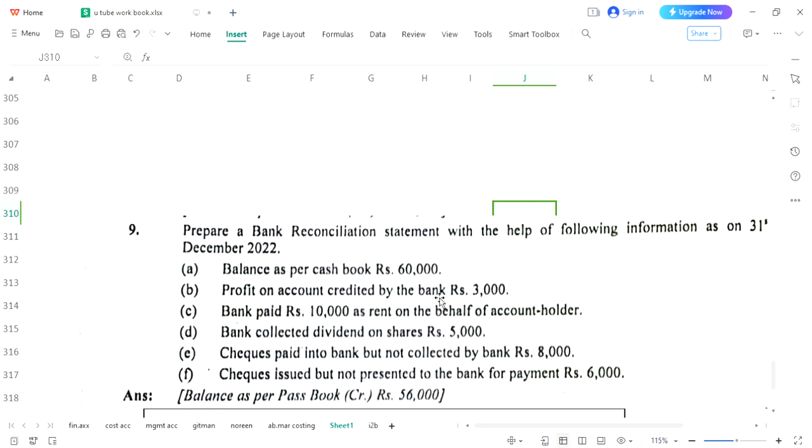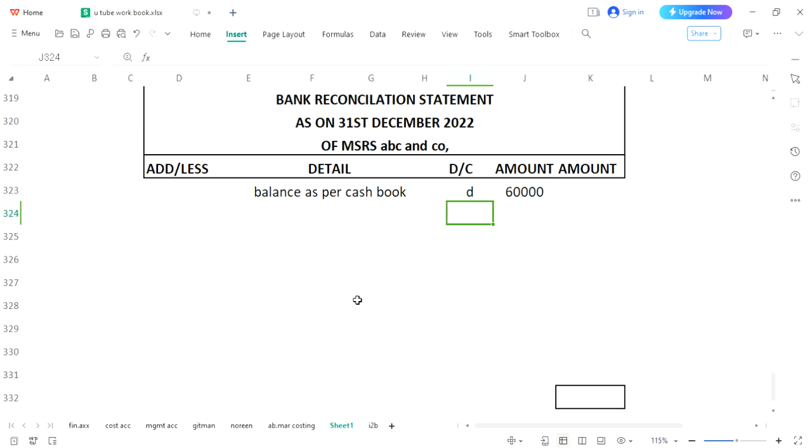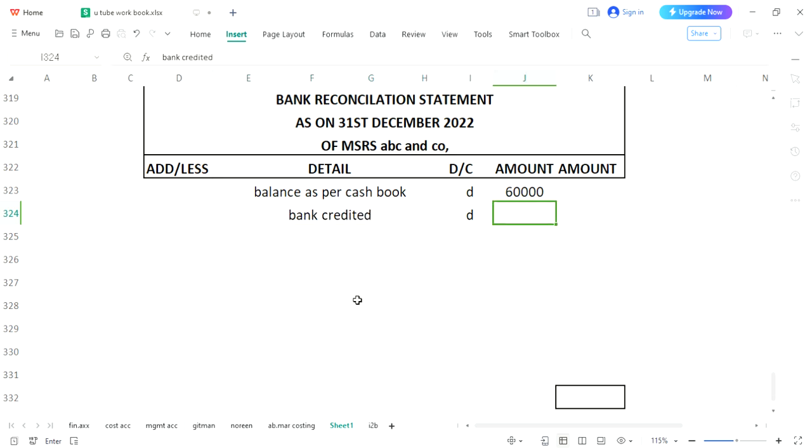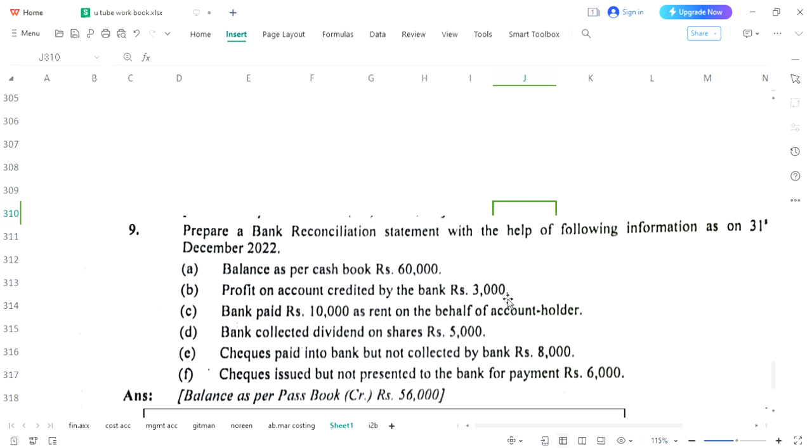Please note it down. When a customer deposits an amount in the bank account, it is favorable for the customer, but it is a liability or unfavorable for the banker. So whatever the customer does, the banker will oppose. And when the bank has credited, it means it is favorable for the customer, so it would be debited. So you will write on the debit side. This is bank credited. Let's see how much the amount is, and that is 3,000.